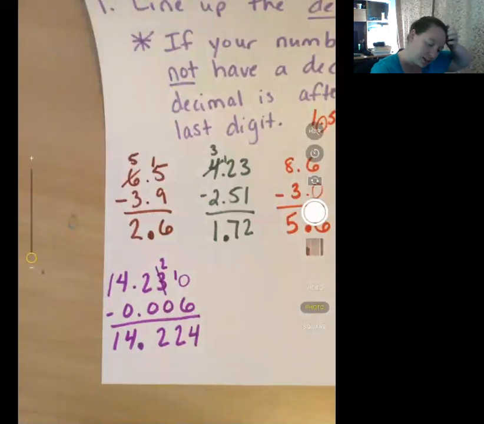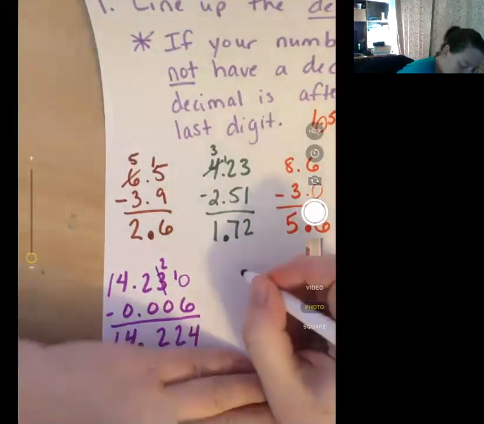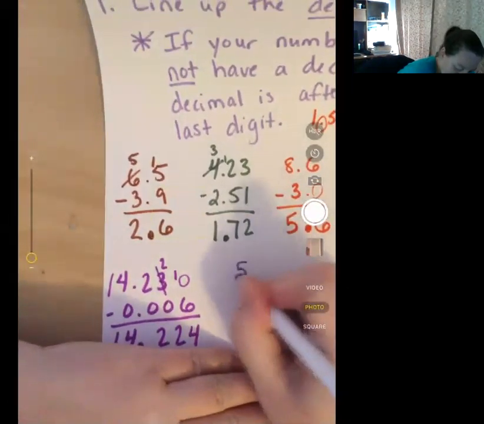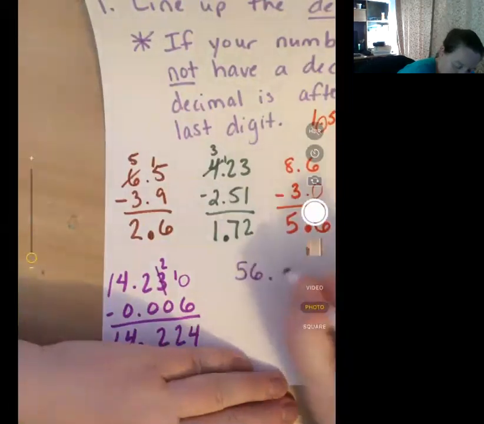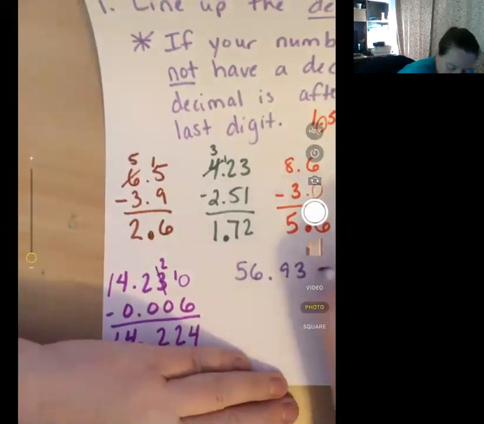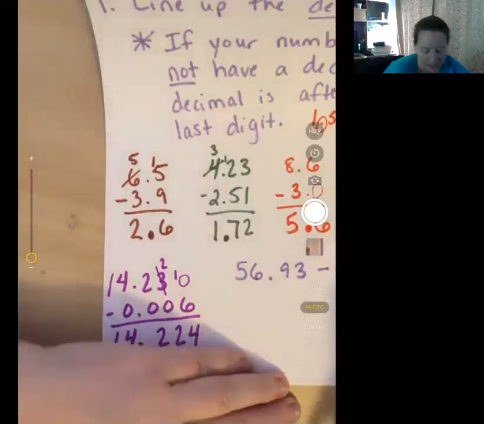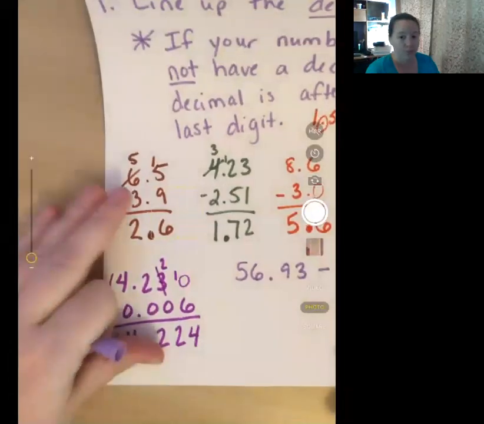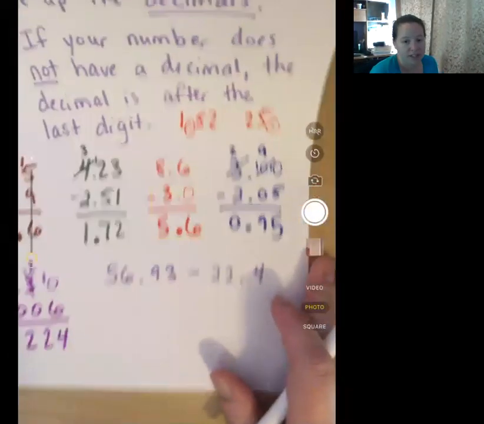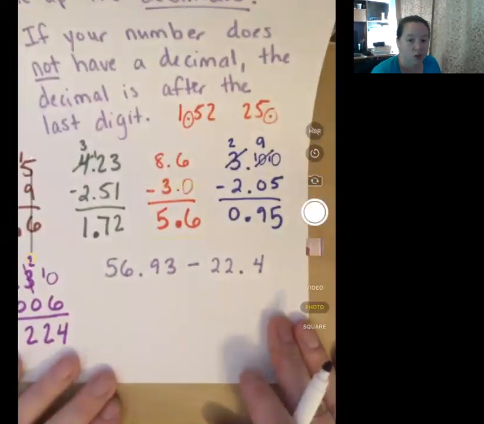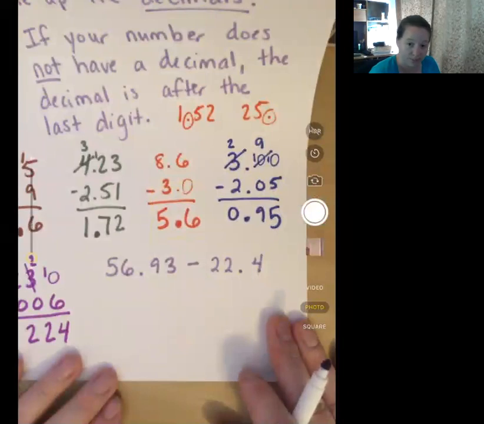So let's look at this. If I have 56 93/100 minus 22 4/10. Okay, 56 93/100 minus 22 4/10.